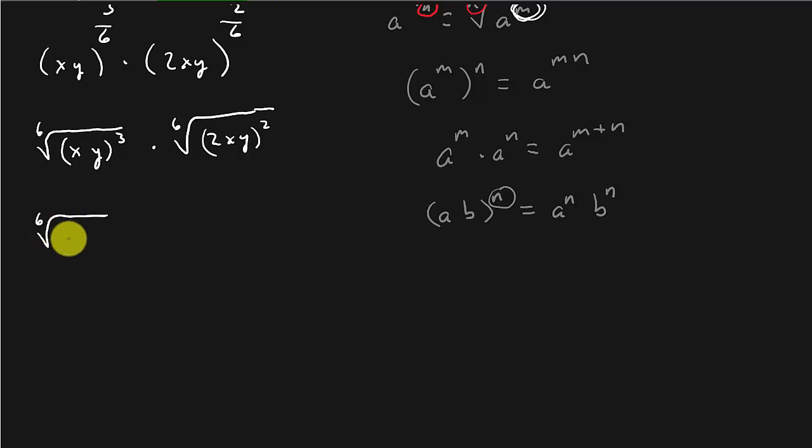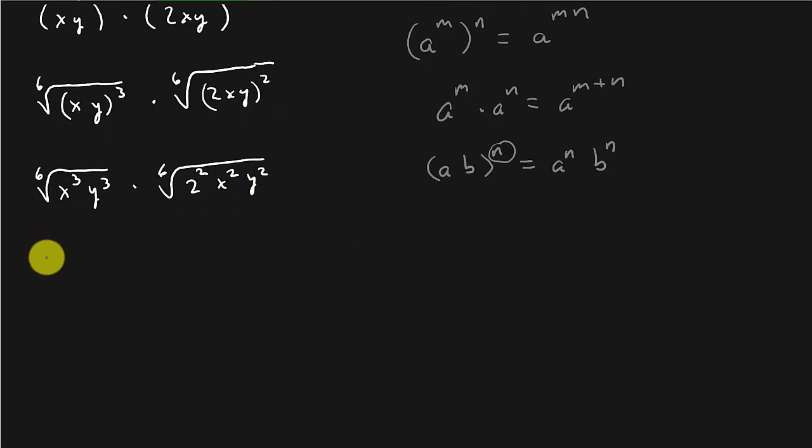So that's going to be the 6th root of x cubed y cubed times the 6th root of 2 squared times x squared times y squared. So this is going to give me the 6th root of x cubed y cubed times the 6th root of 4, okay, x squared y squared, because 2 squared is 4.